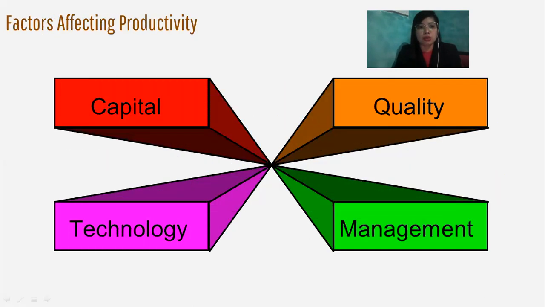Now, factors affecting productivity. Of course, we have capital. We need to have capital, the quality of the products and services, even the raw materials. All the inputs should be of high quality, and then the technology, and of course, management.